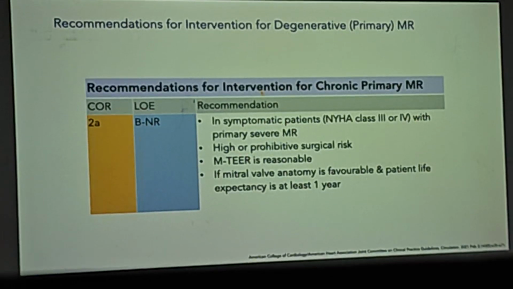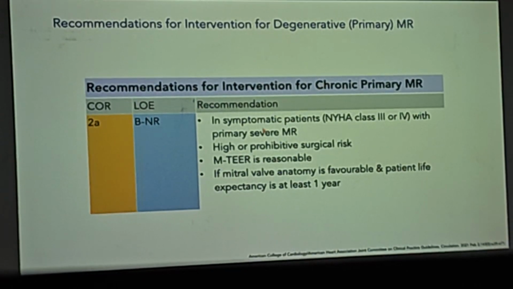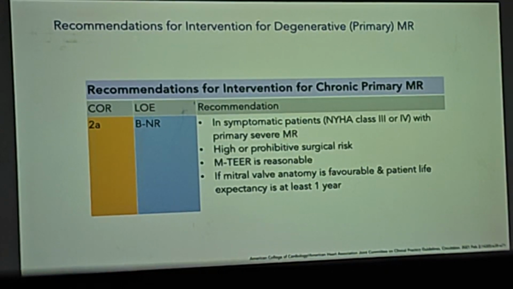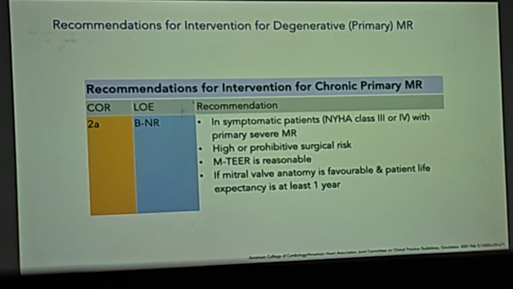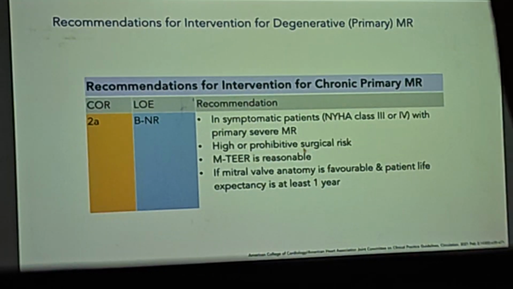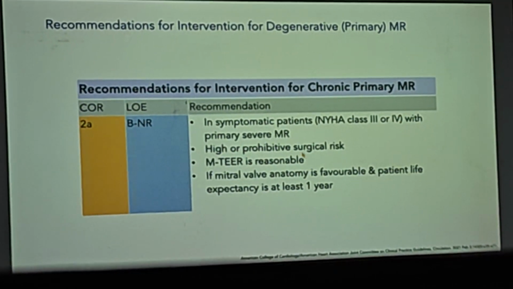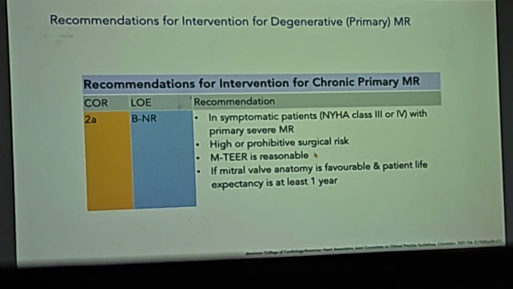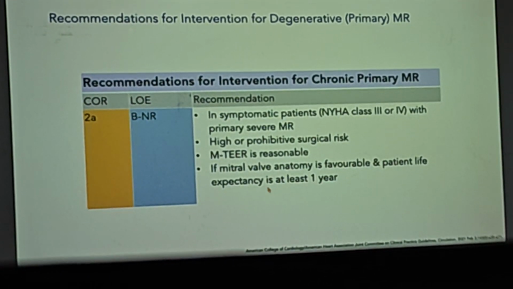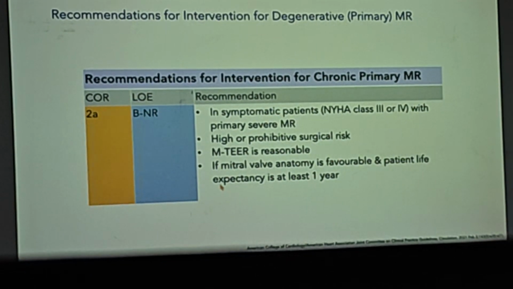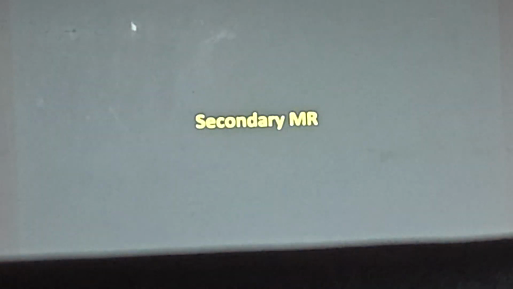When it comes to the TEER itself, it's important that they are symptomatic, and that it is severe, and if TEER is going to be offered in these patients, it has to be high or prohibitive surgical risk, and then the anatomy is favorable. These are the key words mentioned in the guidelines.